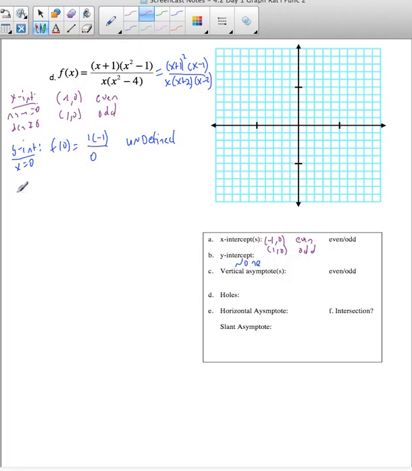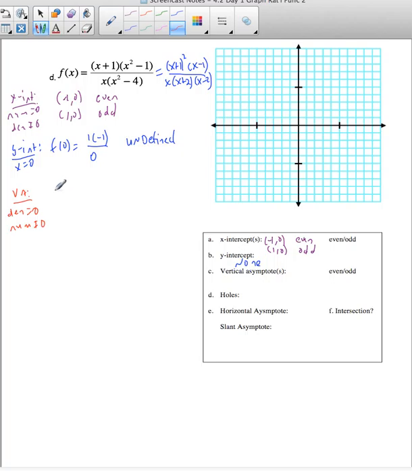Let's find vertical asymptotes. Vertical asymptotes are found by finding values that make the denominator equal to 0, but the numerator not equal to 0, or if it makes both denominator and numerator 0, then it has to be a factor that we cannot cancel out from the denominator. Otherwise, it becomes a hole.